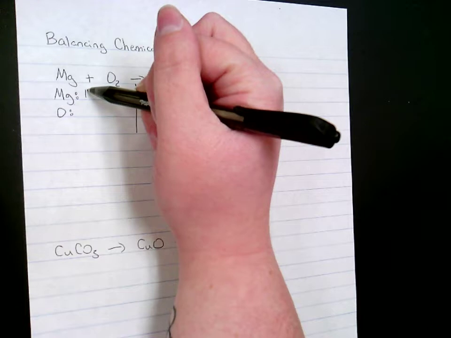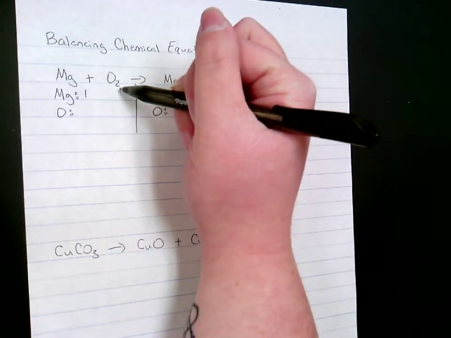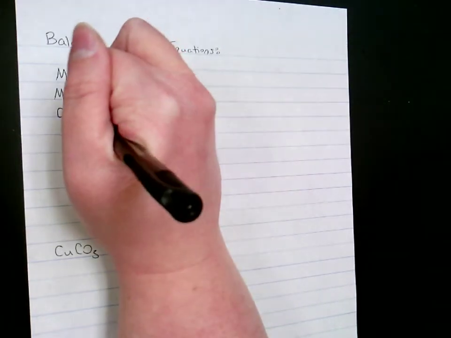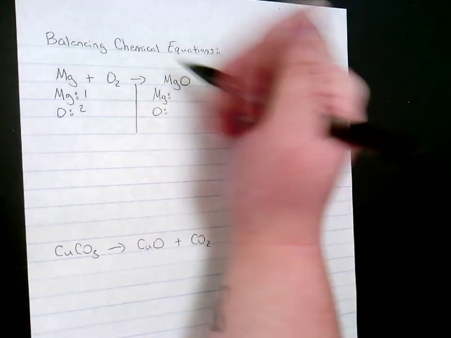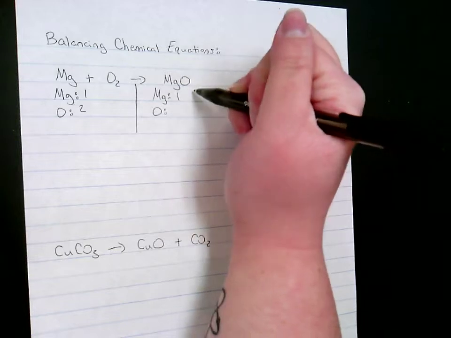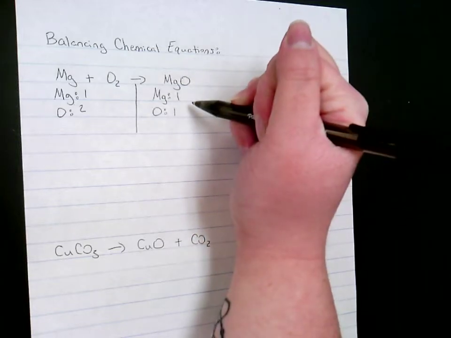So I have one magnesium atom on my reactant side. For oxygen, I have a subscript of 2, which tells me that I have 2 oxygen atoms on my reactant side. Now on my product side, I have 1 magnesium atom and I have 1 oxygen atom.